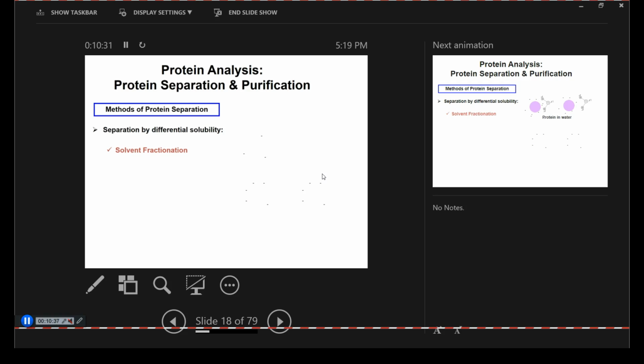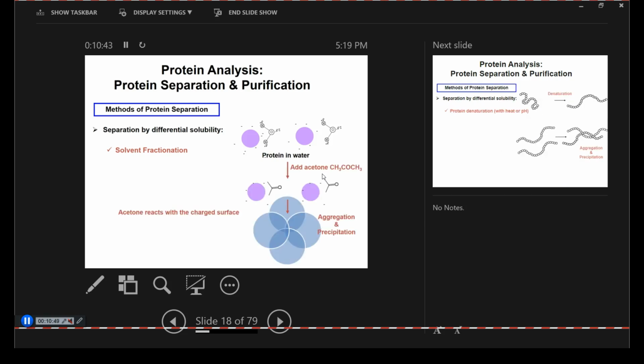Another way to separate using differential solubility is by solvent extraction. With solvent extraction, you're basically precipitating the protein with an organic solvent. In this case, if we add acetone to a protein in water, or in an original extract where we have the protein in an aqueous form, and I want to separate it from other solubles and concentrate it, I can add acetone.